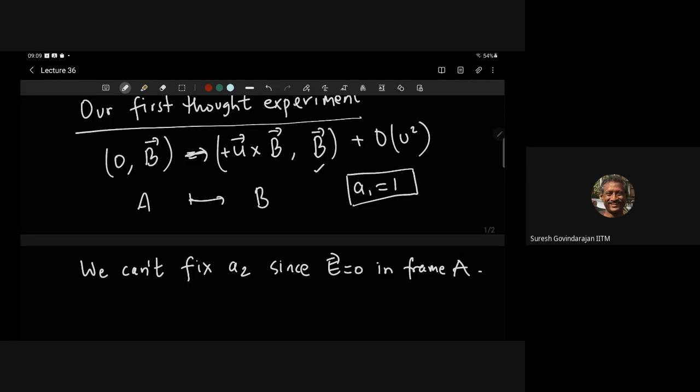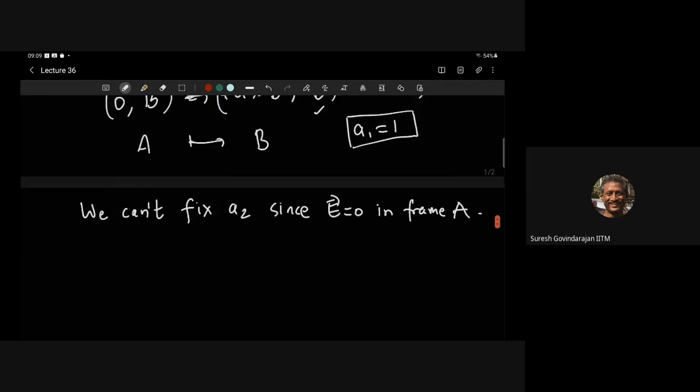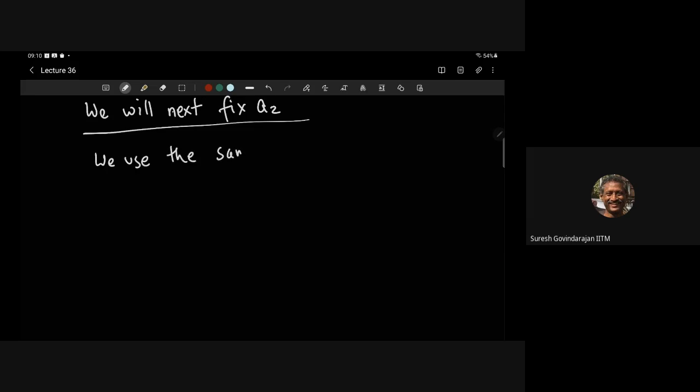Okay, so now the question is, how do you fix A2? So we will next fix it. Again we will work with the same charge Q, but we treat it as a source.